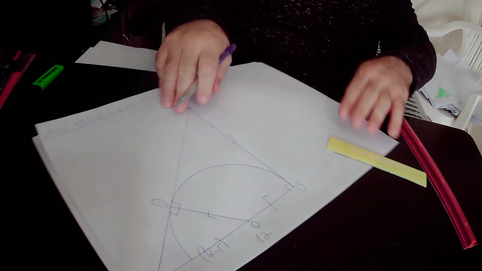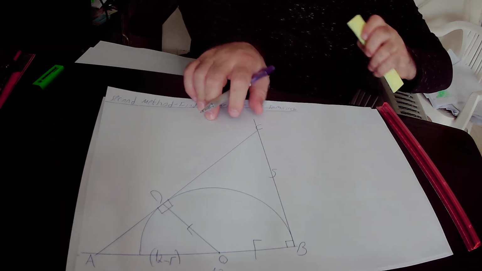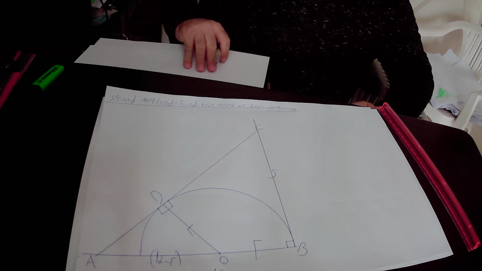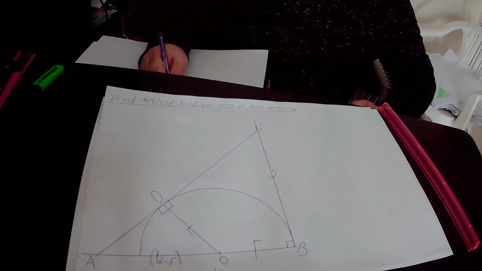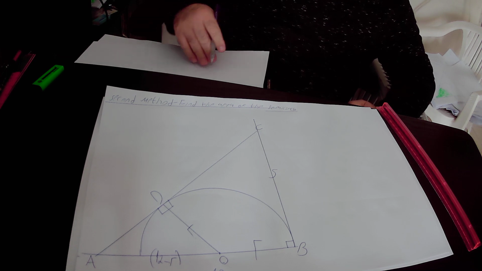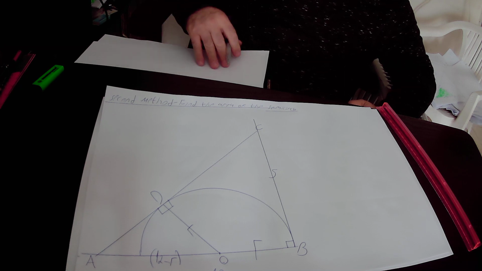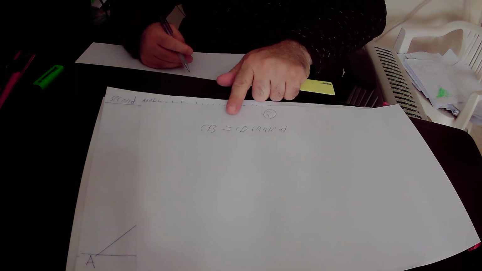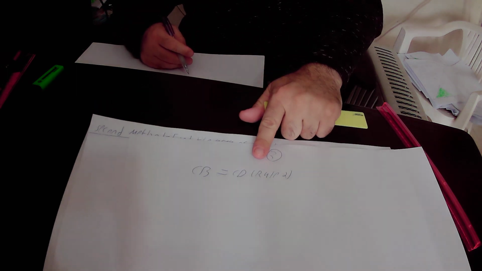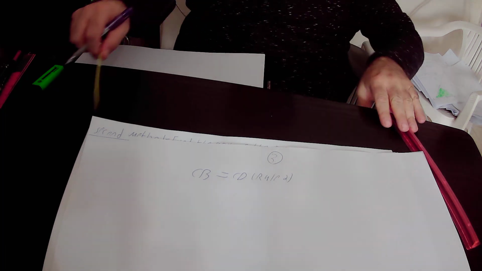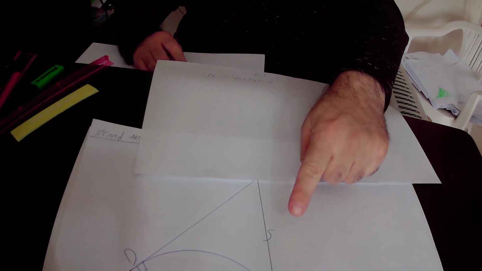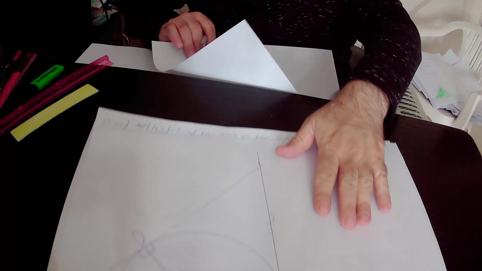So the first tangent from point C to the semicircle is tangent CB. The second tangent is tangent CD. And according to rule number 2, they are equal to each other. That is to say, tangent CB equals tangent CD. But it is given in the question that CB equals 5 units.